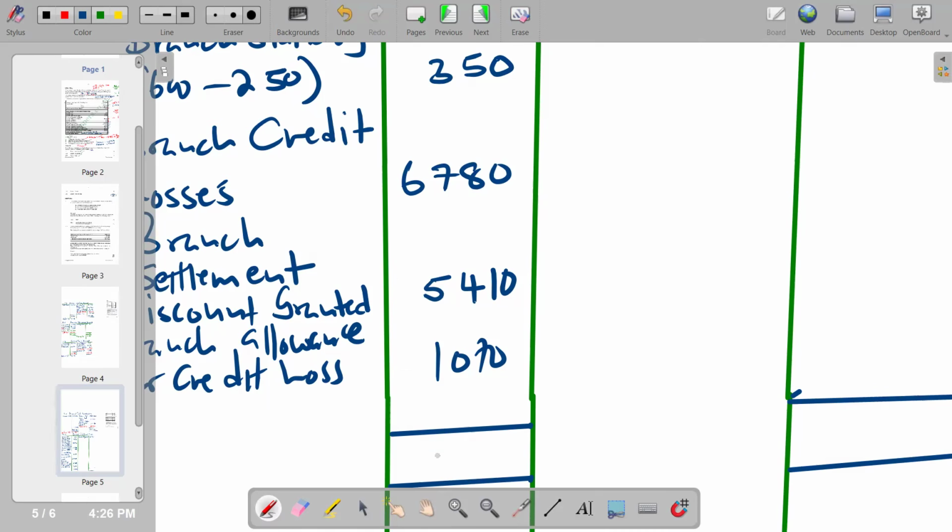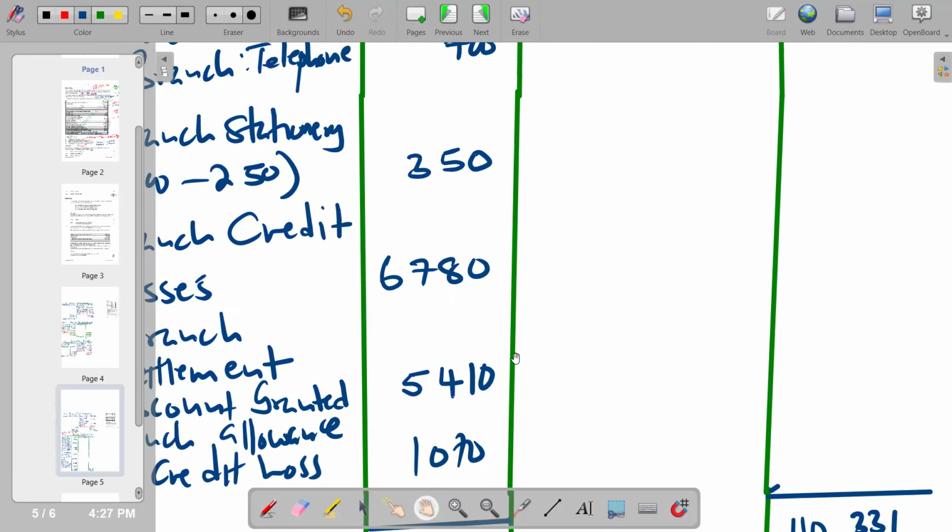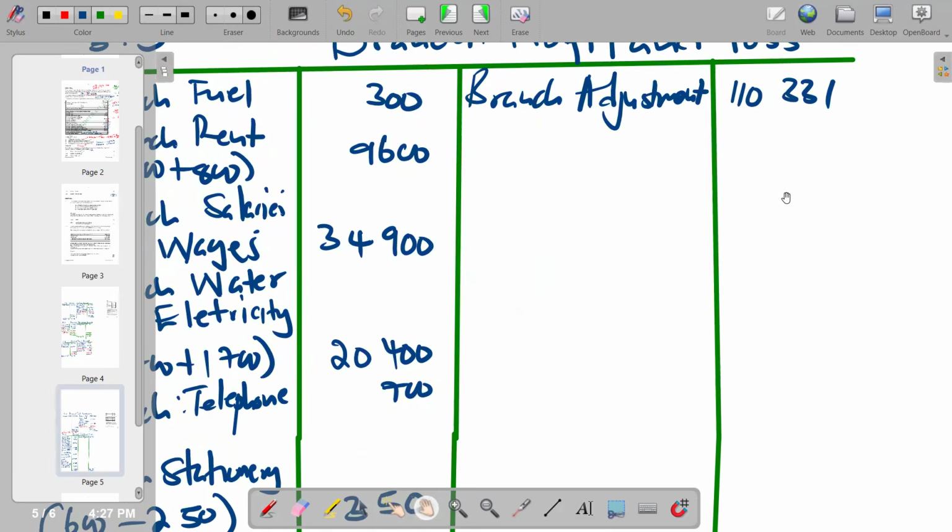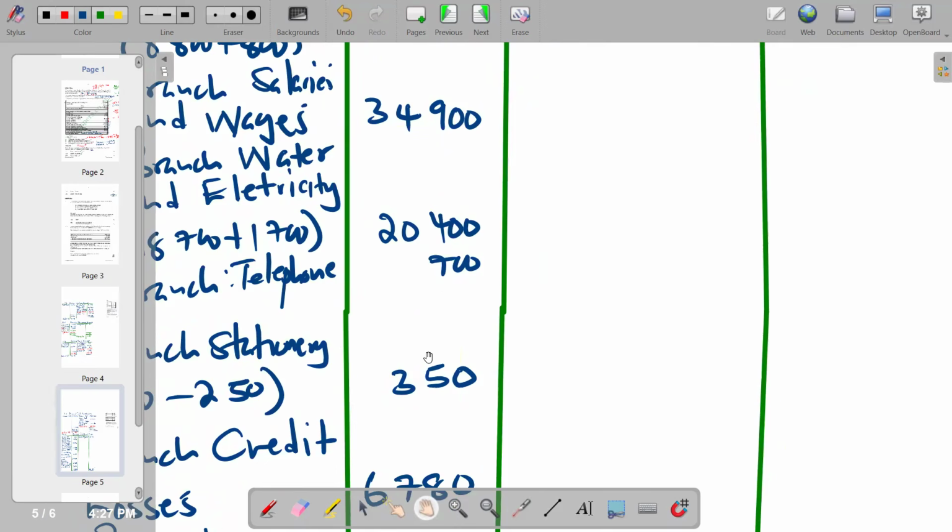So with that now, we have 110,331, which is also supposed to come on the debit side. Remember, this is the figure that is greater than all that we have on the debit side.